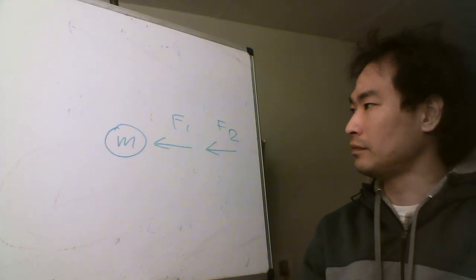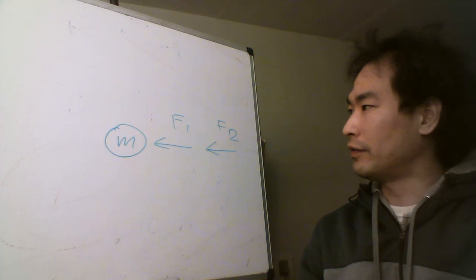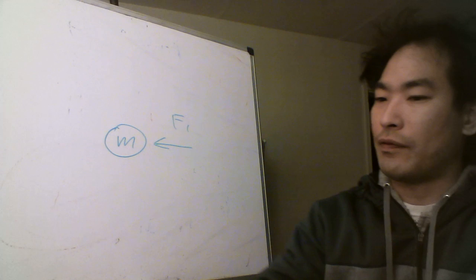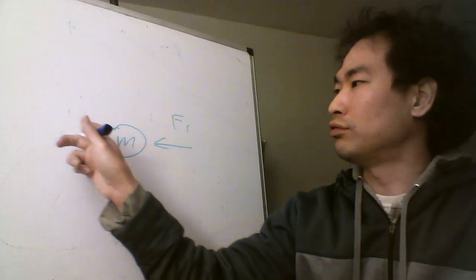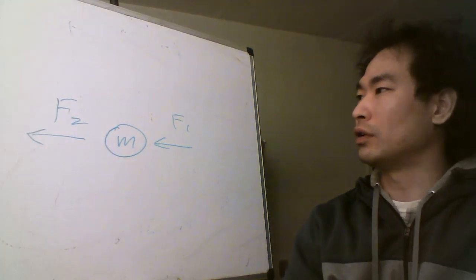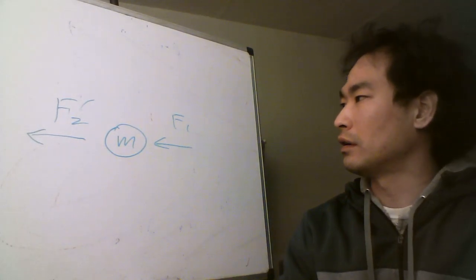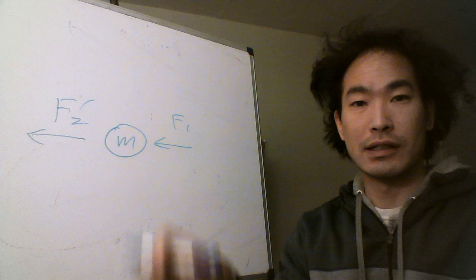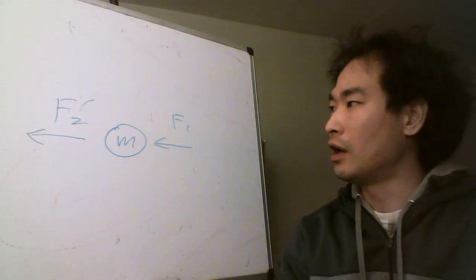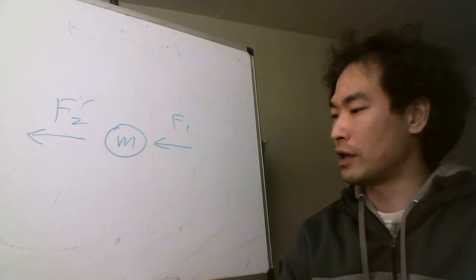But what if F2 is not pushing but is pulling? We call it F2 prime. Then it will cancel out. Why? Because it's pulling, it's not pushing. We'll have index notation convention.